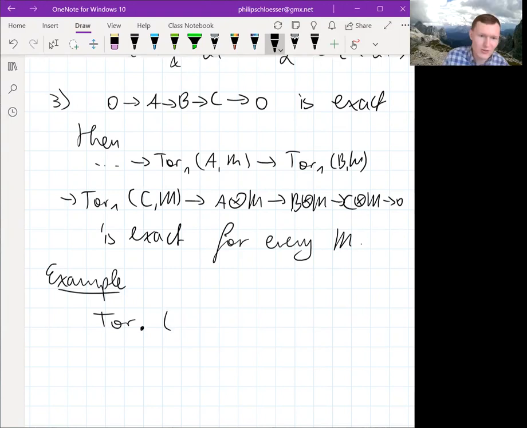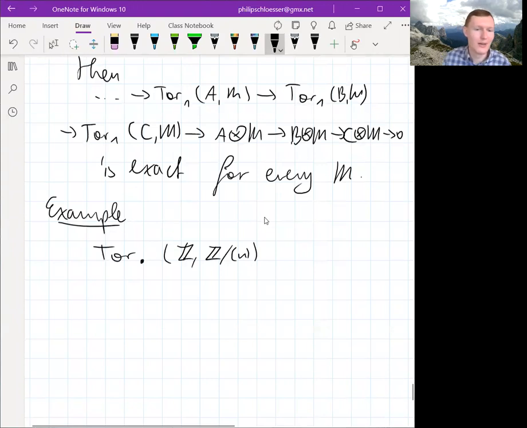So we want to look at Tor of Z and Z modulo n, of course. But I'm improvising at the moment, so do comment if I do make a mistake.